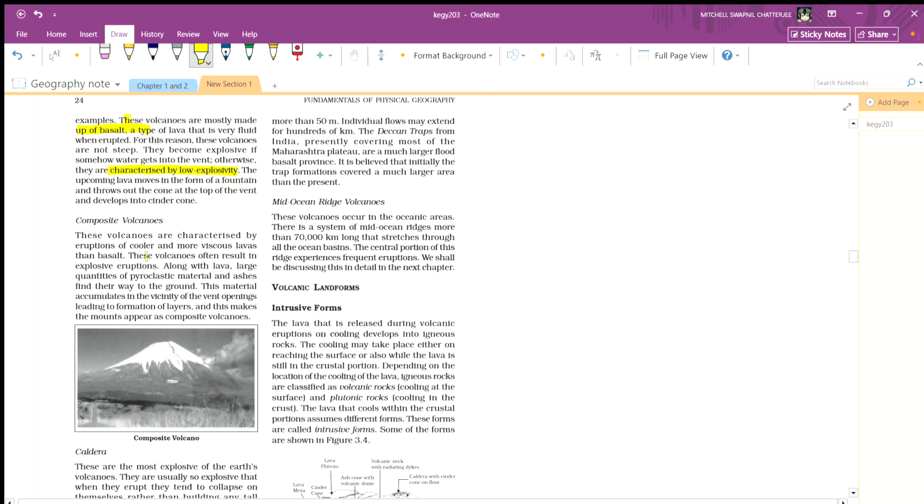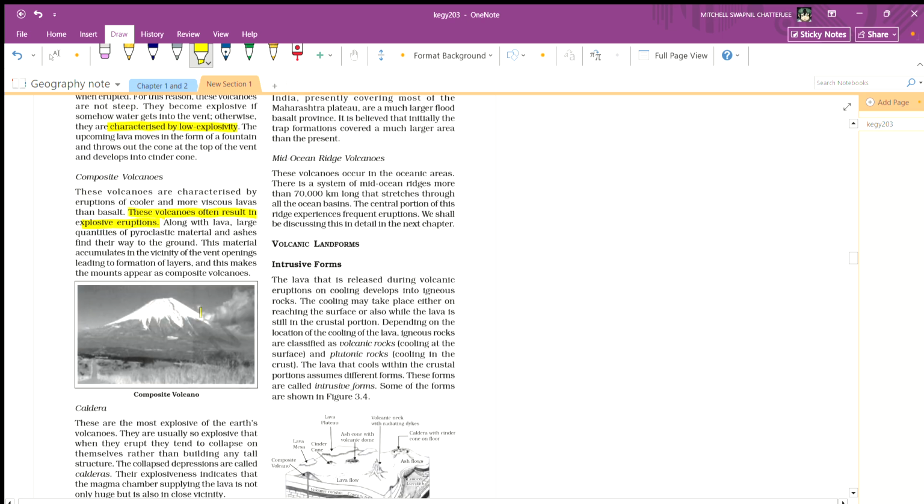They often result in explosive eruption along with lava. Large quantities of pyroclastic material and ashes find their way to the ground. These materials accumulate in the vicinity of the vent openings, leading to formation of layers, and this makes the mountain appear as a composite volcano.